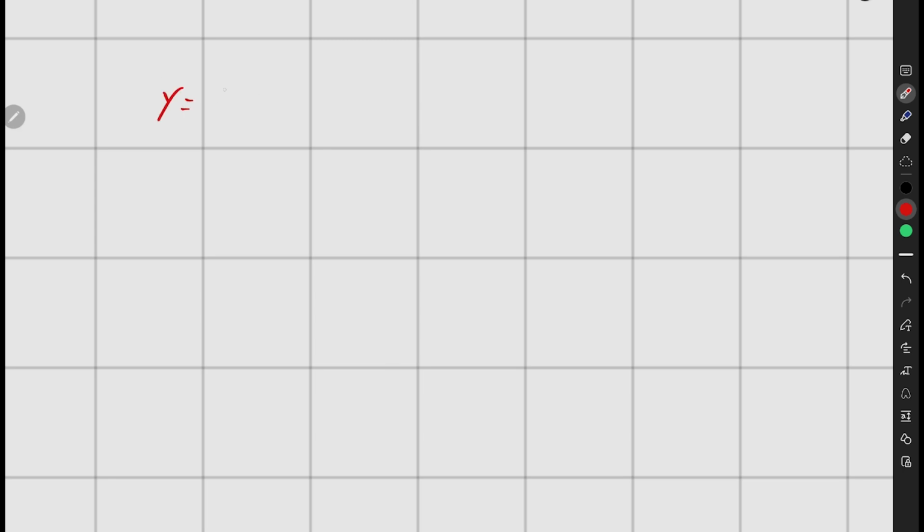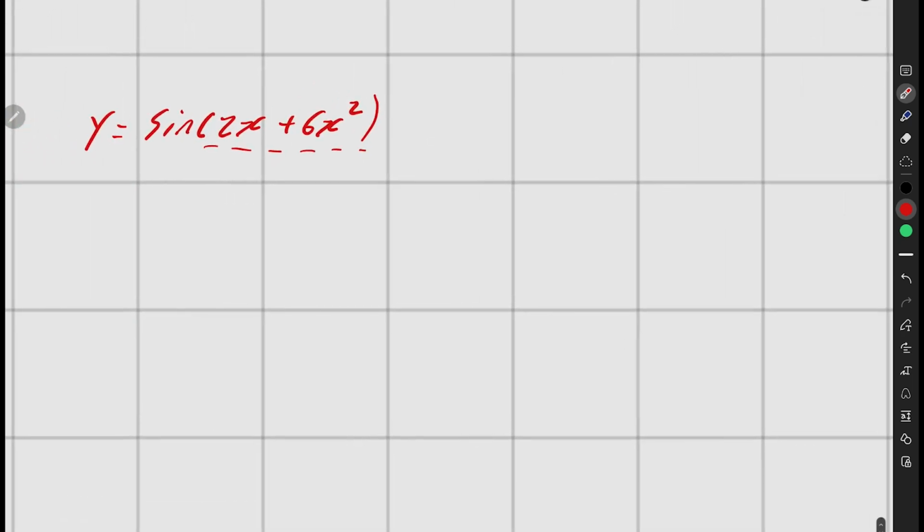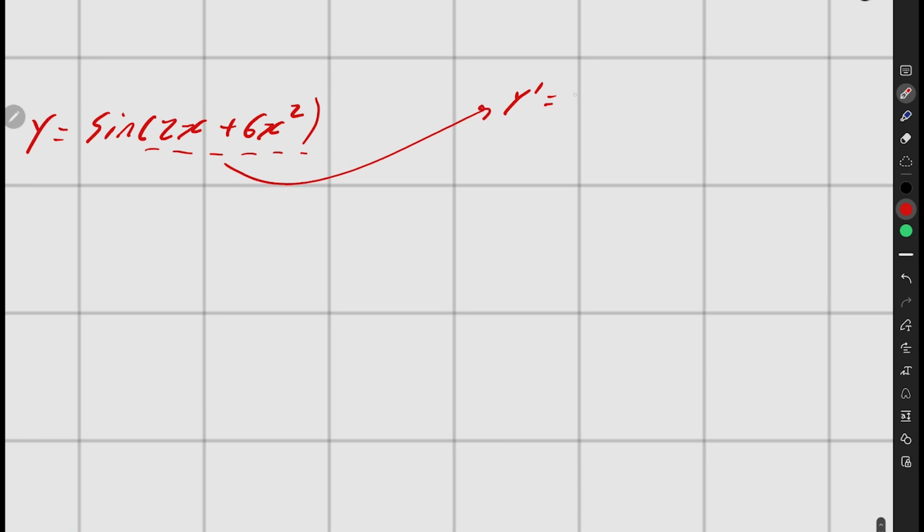So let's move on to, say we were given y equals, we'll say, sine of 2x plus 6x squared. This might look a little bit different, but the chain rule remains the same. So when using the chain rule on this function, we're going to look at the inner bracket. So we're going to take the derivative, and the derivative is going to be equal to 2 plus 12x.